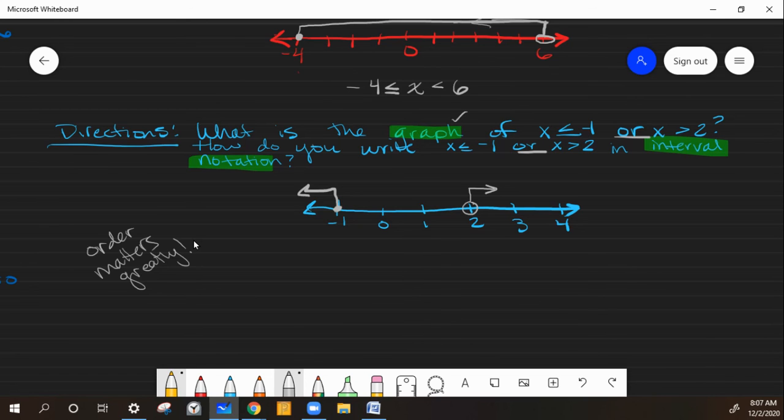So what's happening over here on the left? Well, it looks like I start at -infinity. That's the furthest left solution. And I go all the way to -1 and have a bracket here. And then nothing until I get to 2, but it never equals 2. So I use a parenthesis. And I go on forever and ever.